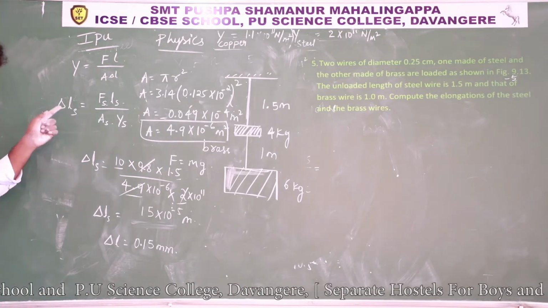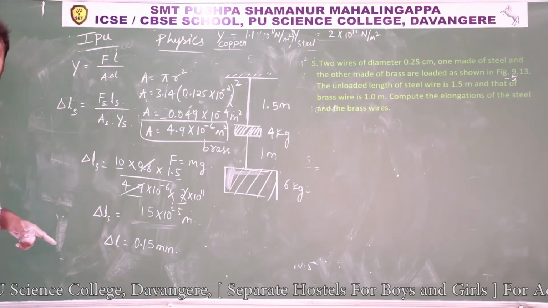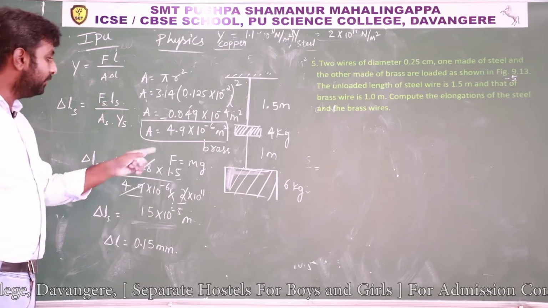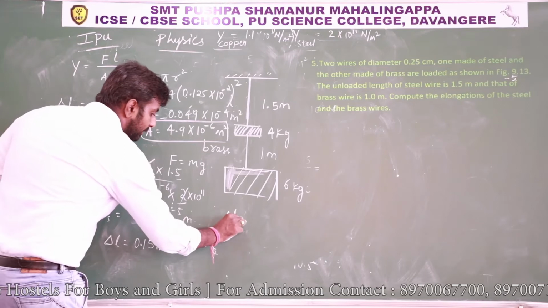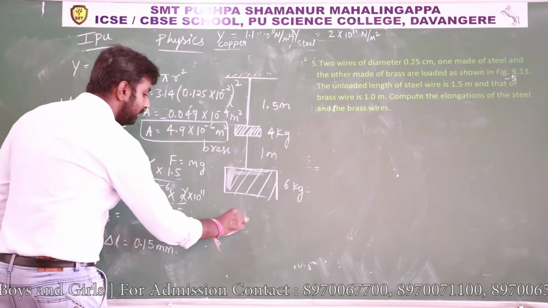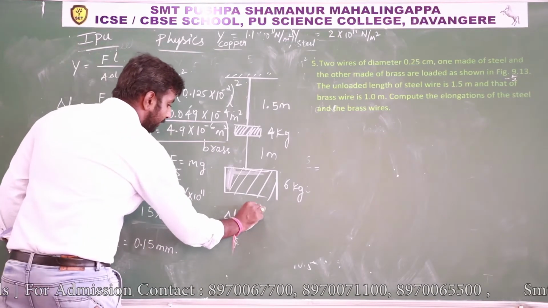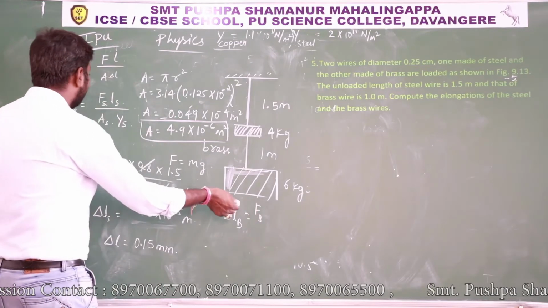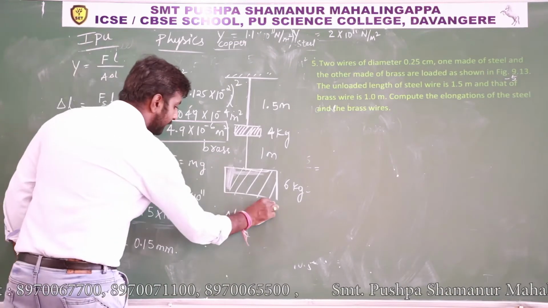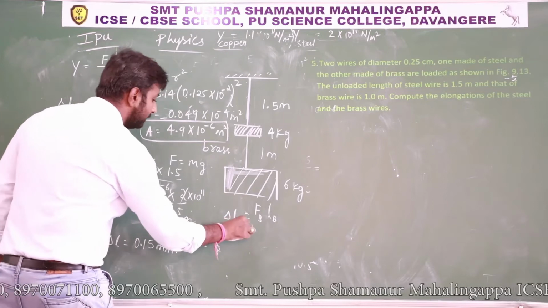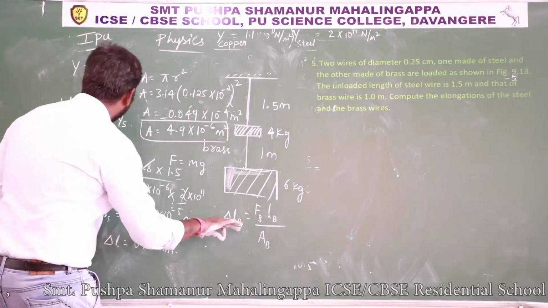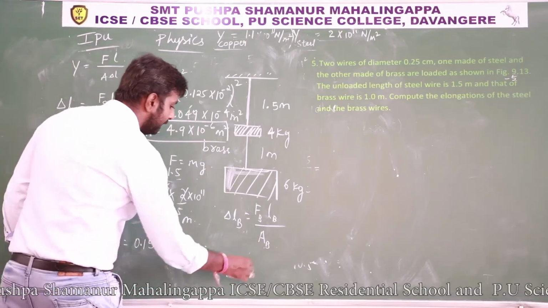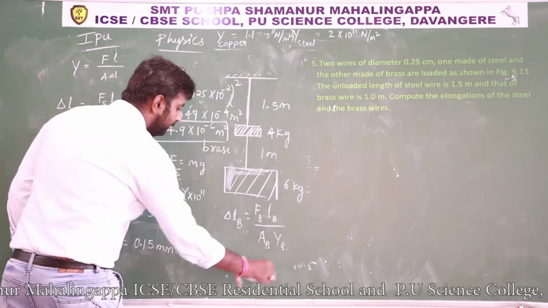Similarly, with the same formula, you can find the elongation produced in the brass wire. For that, what you have to write? The change in length in brass is equal to FB, that means force on brass, into LB, length of brass, divided by area. The area of steel and area of brass are the same, but here we use Young's modulus of brass.